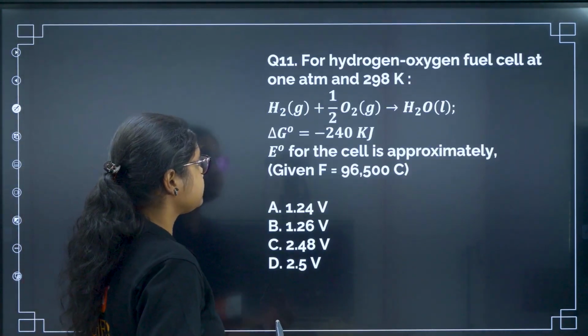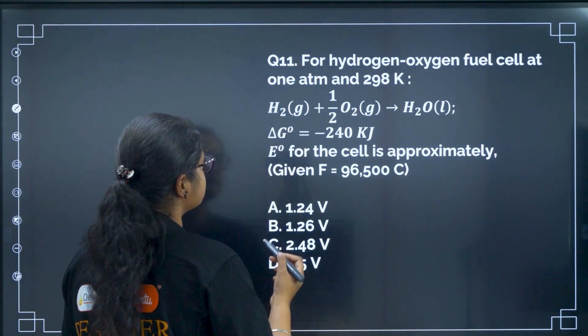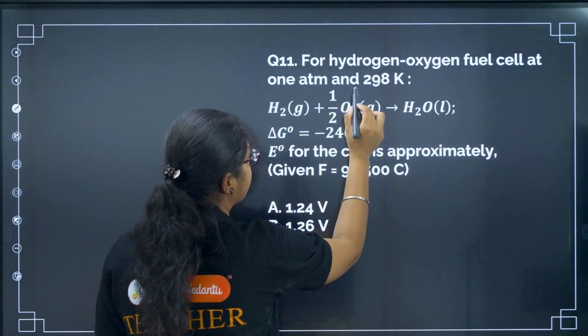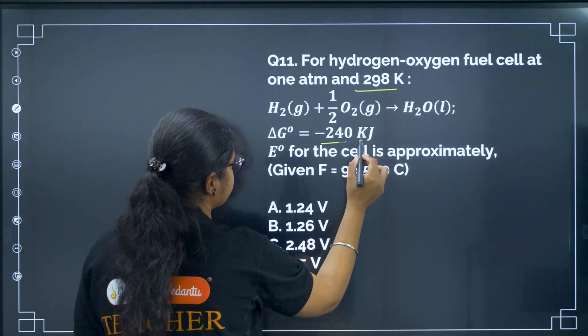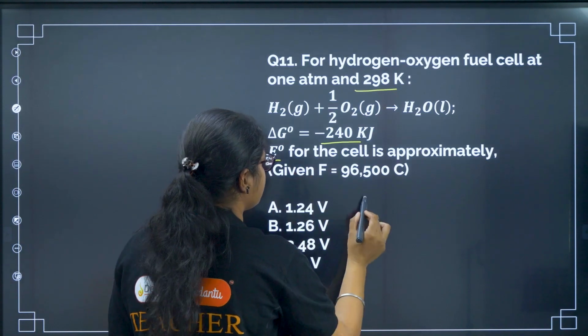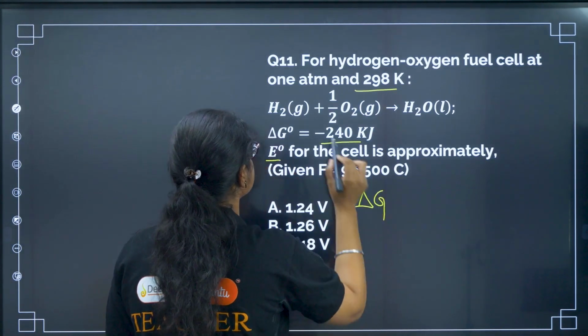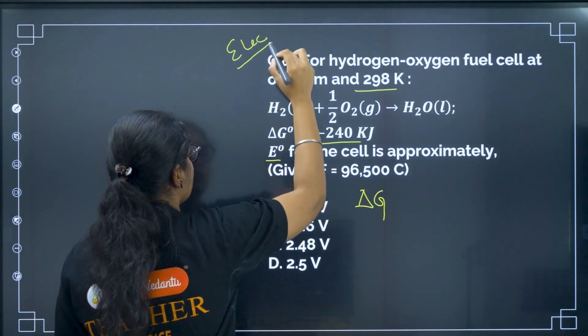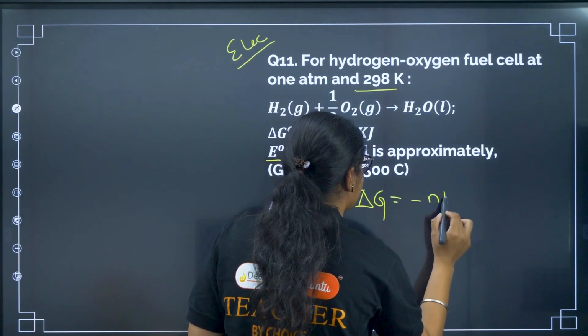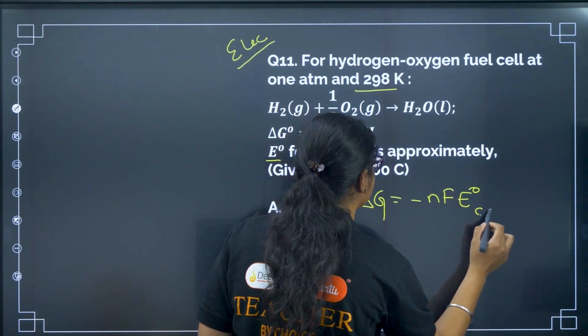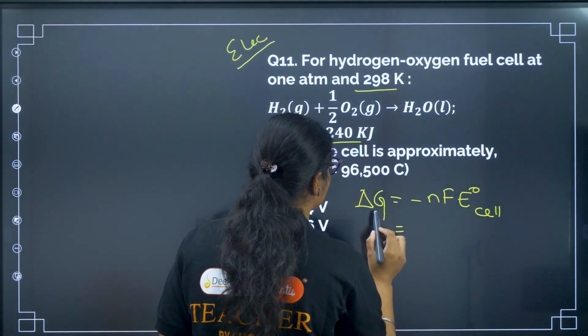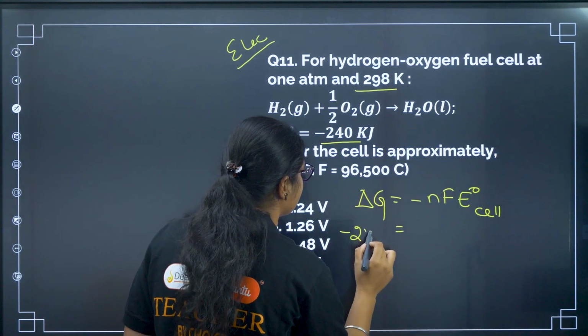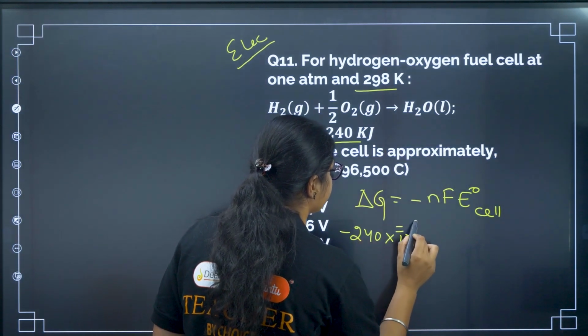Next. For hydrogen oxygen fuel cell at 1 atm, 298 Kelvin, reaction is given, delta G is given, E naught we have to calculate. So direct formula based question from electrochemistry. Delta G is equal to minus nF E naught of the cell. So delta G given is minus 240 into 10 to the power of 3.